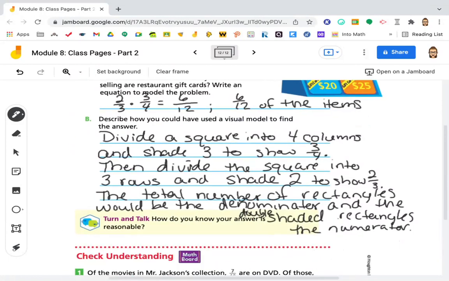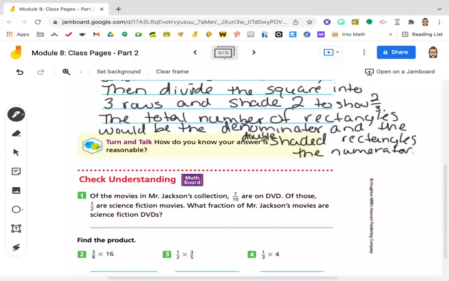Okay, we're going to look at a couple practice problems real quick. It says, of the movies in Mr. Jackson's collection, 7/10 are on DVD. Of those, a half are science fiction. What fraction of Mr. Jackson's movies are science fiction DVDs? So we're going to do 1/2 times 7/10.